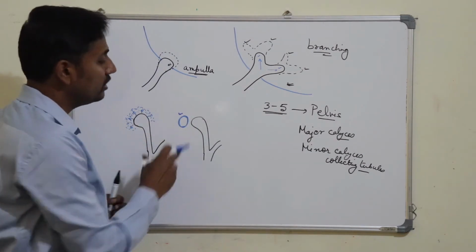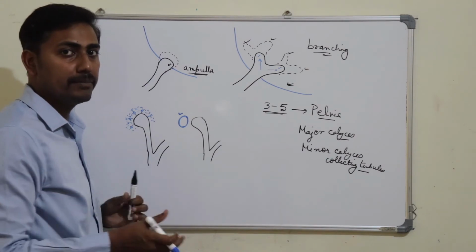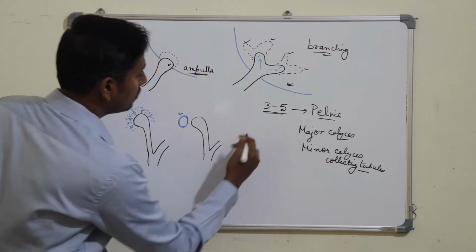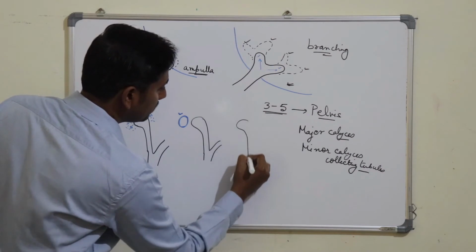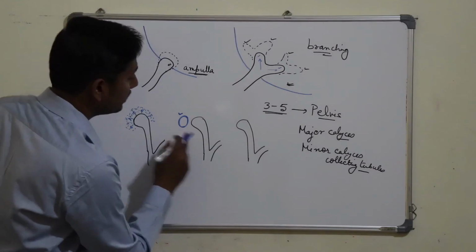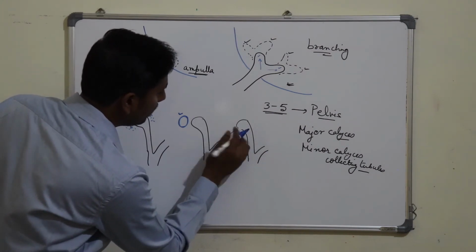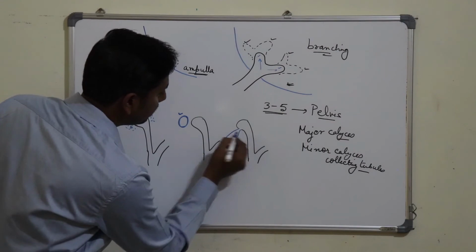Now this vesicle will soon become pear-shaped and open into the ureteric bud. So on later stages, this is the ureteric bud, and the vesicle will become pear-shaped and will open into the ureteric bud.